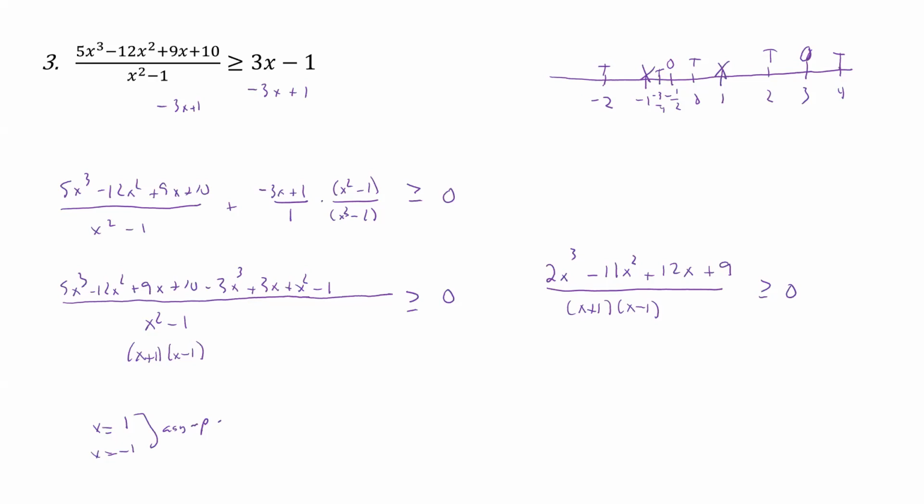All right, so plugging all that into our calculator, now we have a 2 times negative 2 to the third, minus 11 times negative 2 squared, plus 12 times negative 2, plus 9, divided by negative 2 squared minus 1.